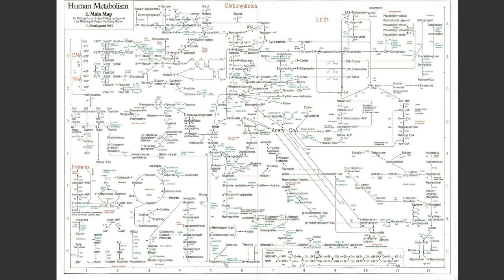I'm not sure if you can really make out all of the words on this, but this is a human metabolism map. As you can see, it's broken up into the four macromolecules that we learned in chapter 5: carbohydrates, lipids, proteins, and DNA and RNA, which are nucleic acids. So you can see that they're all connected, right? And we learned a very simplified version.